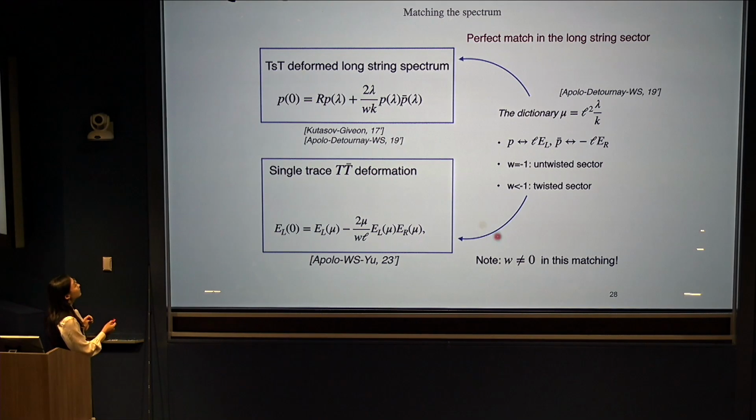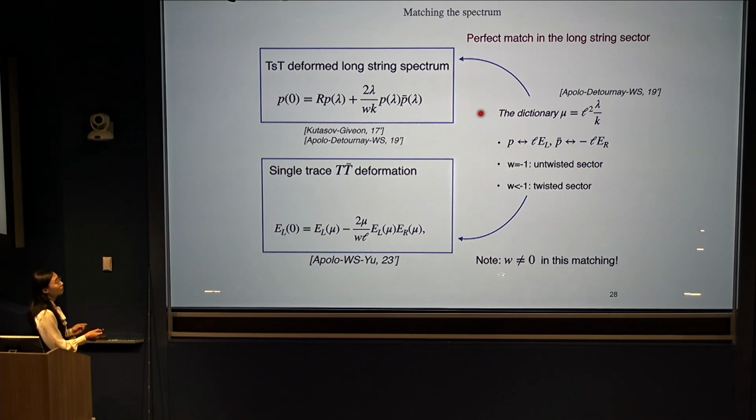And then here is the dictionary. In the string theory set, using TsT, we can very simply show that the energy along these two U1s are related in such a way. 0 means the energy before the deformation, and lambda means after the deformation. And the dictionary is as follows.